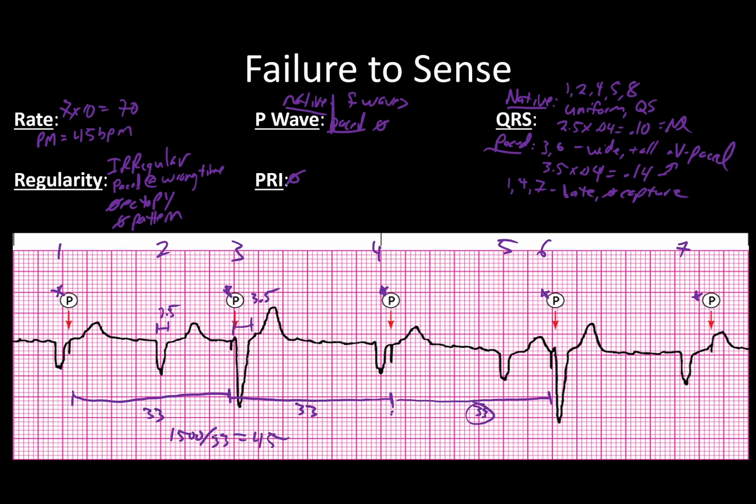But why is the heart rate 70 and not 45? Well, what's happening is that pacemaker is firing at a very consistent rate throughout, yet the patient's native beats are popping through. So we can assume or deduce that the pacemaker is failing to sense those natural beats that are occurring on their own and then doing its own thing.